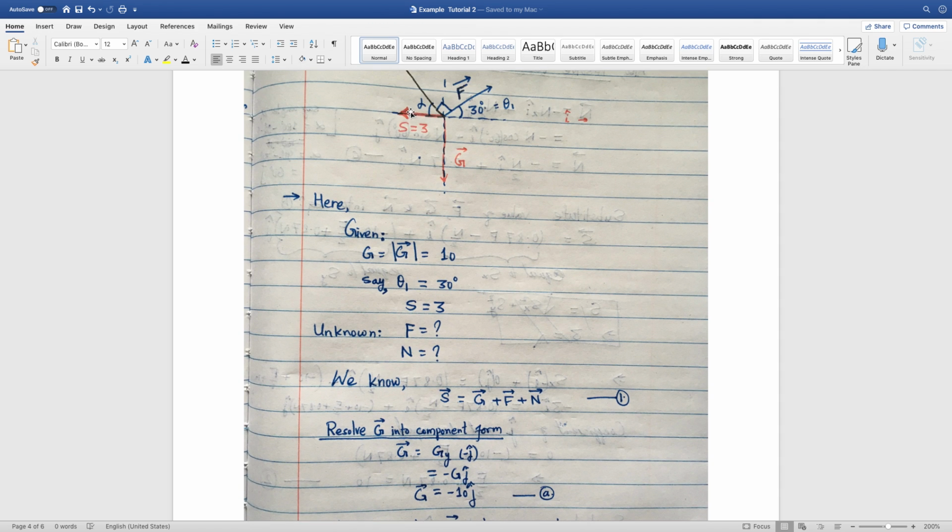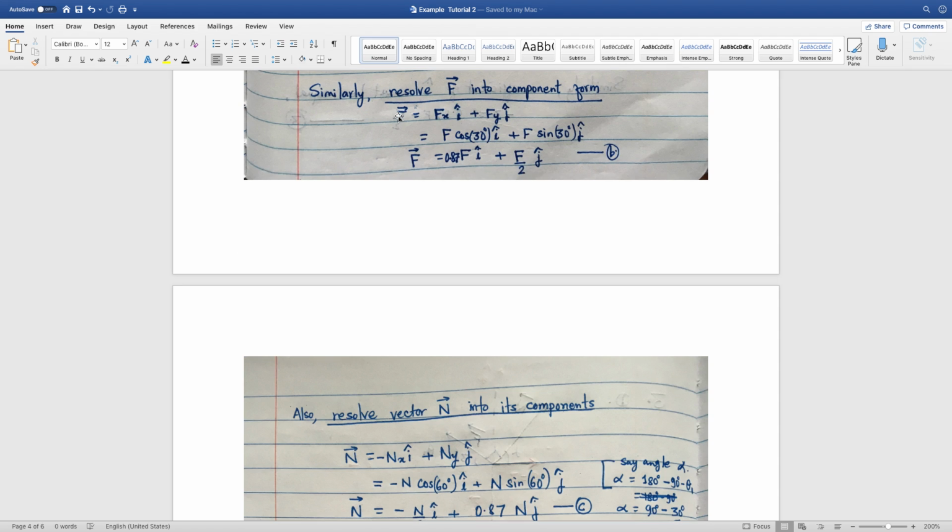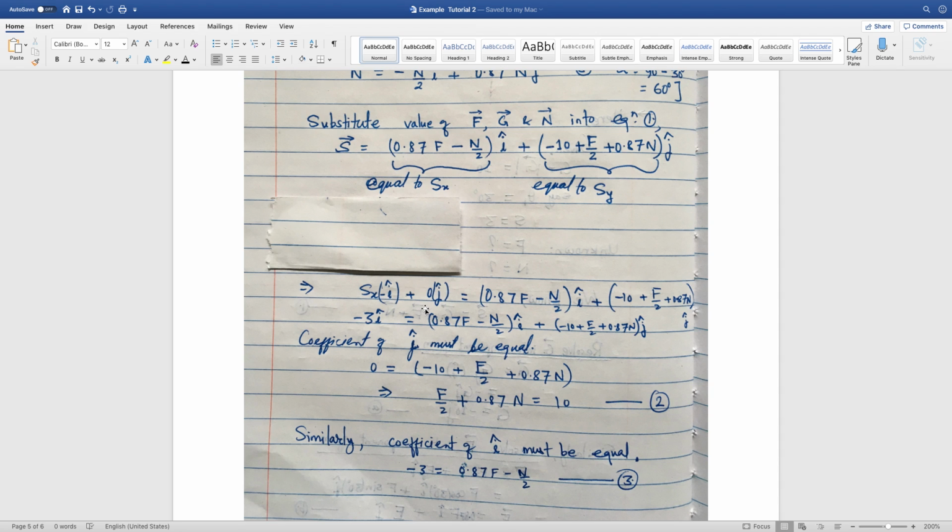So it doesn't have any component along the y-axis, it has only a component along the negative x-axis. So we have this vector s. After resolution, we get sx minus i hat plus 0 j hat, since it doesn't have any component along j hat. You don't have to really write this down. I just wrote it in case some of you may find it confusing.